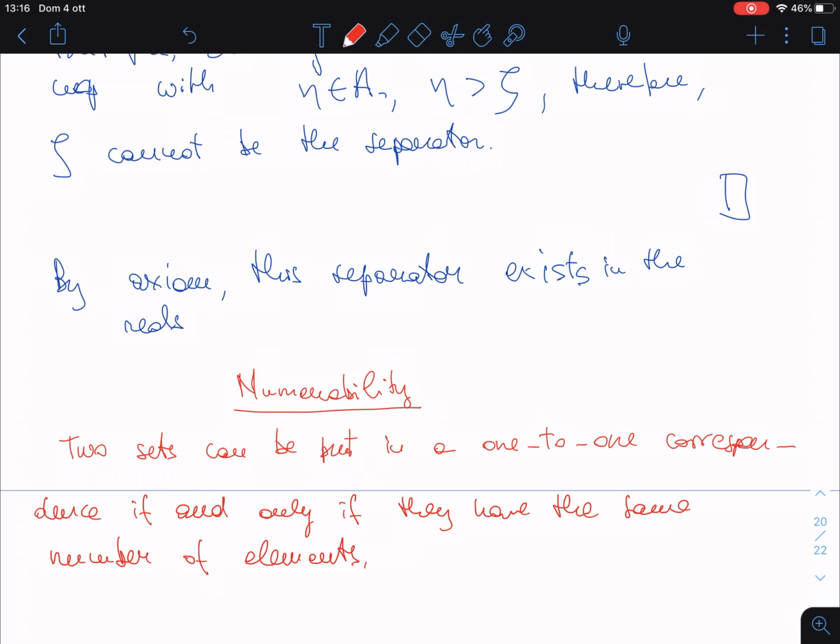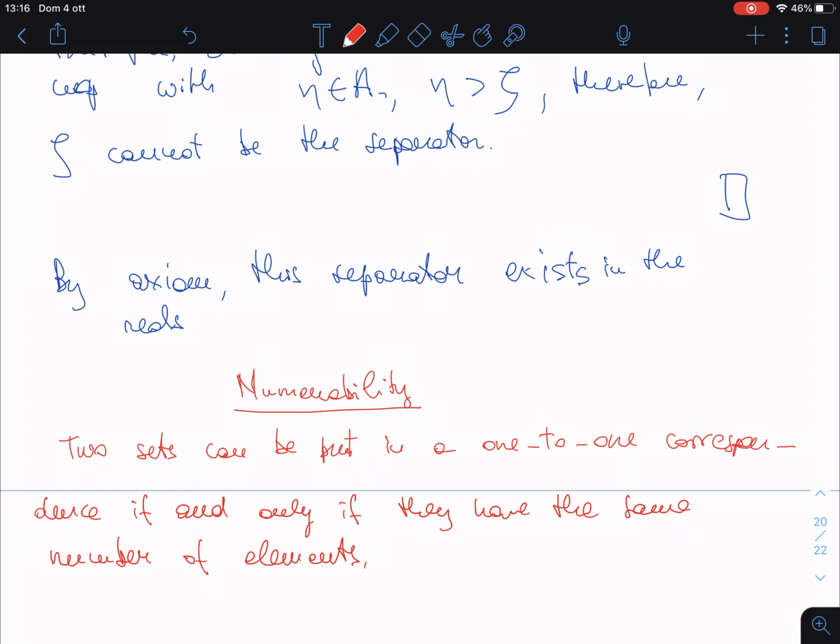And I told you this is quite obvious when we deal with finite sets, so sets with a finite number of elements. This is much less obvious when you are dealing with infinite sets, so sets with an infinite number of elements, like the sets of numbers.